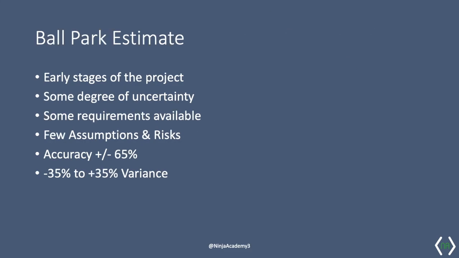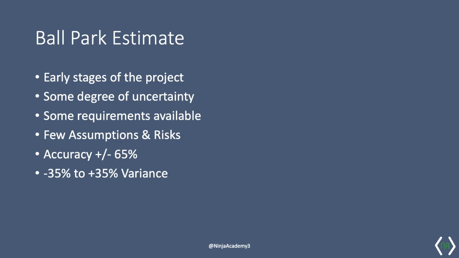Let's look at ballpark estimates. Ballpark estimates are similar to ROM estimates in many ways, the only difference being less uncertainty, more knowledge about the project, and fewer dependencies. Ballpark estimates too take place very early in a project's life cycle, during the project selection and approval period and prior to the project initiation.